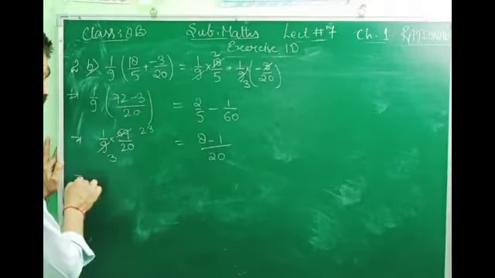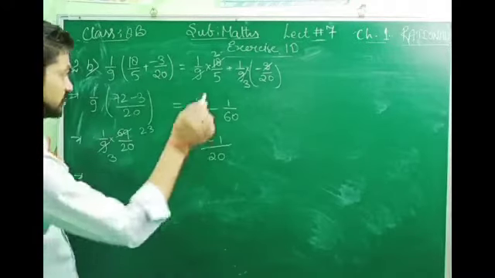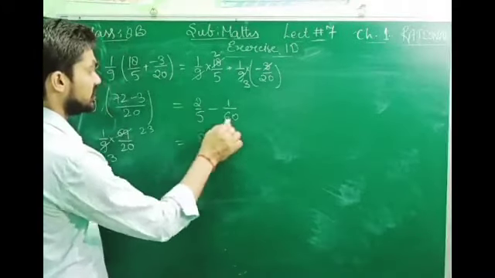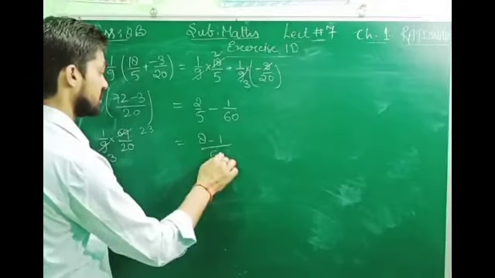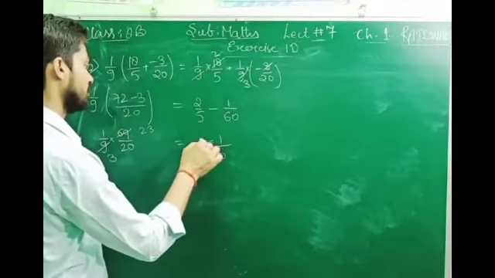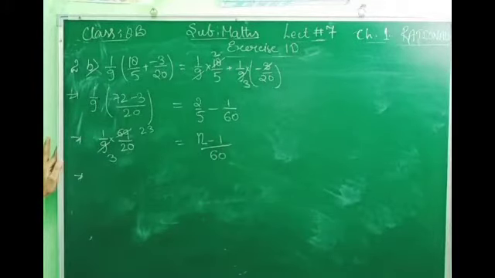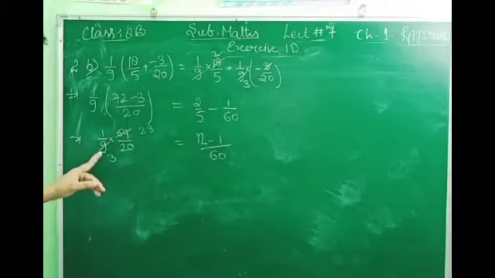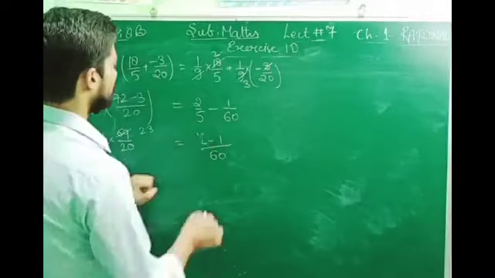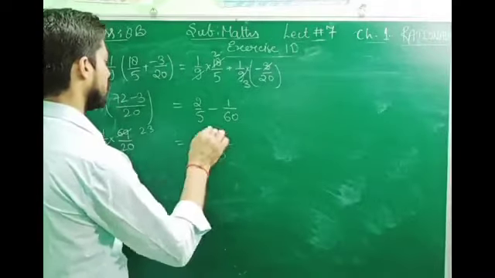Now, here the LCM of 5 and 60, so it will be 12, no? 24.